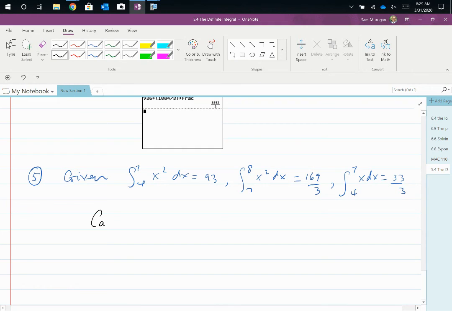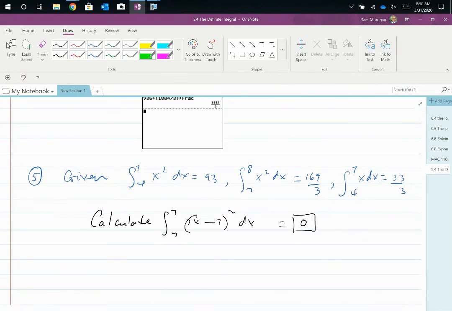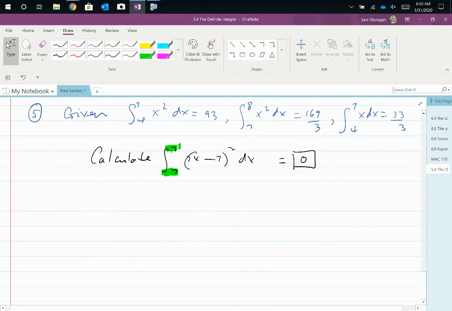Calculate the integral from 7 to 7 of 7x minus 7 squared dx. So as you can probably tell by now, this is 0. You can't really calculate anything because this is just no area under the curve. We're not moving from anything to anything. We're just going from 7 to 7.